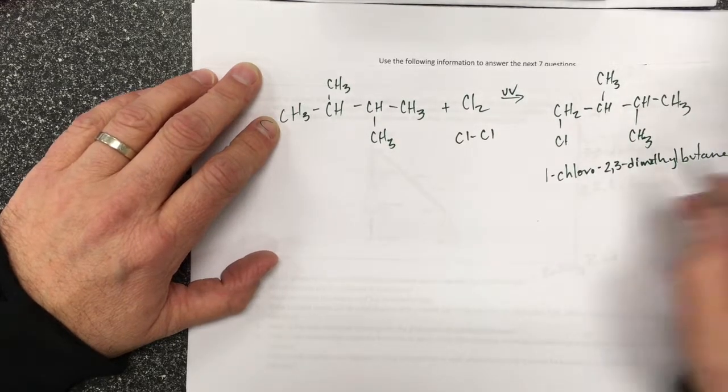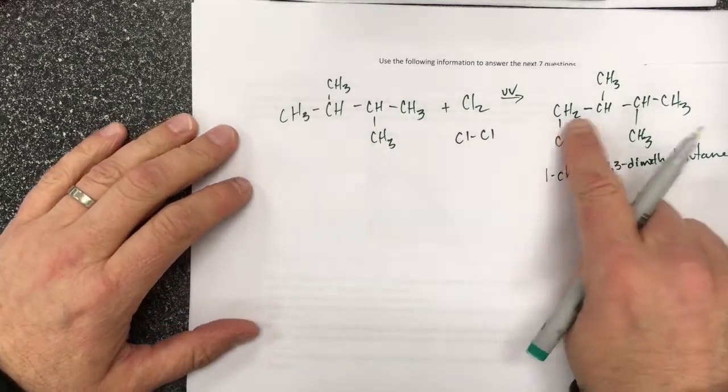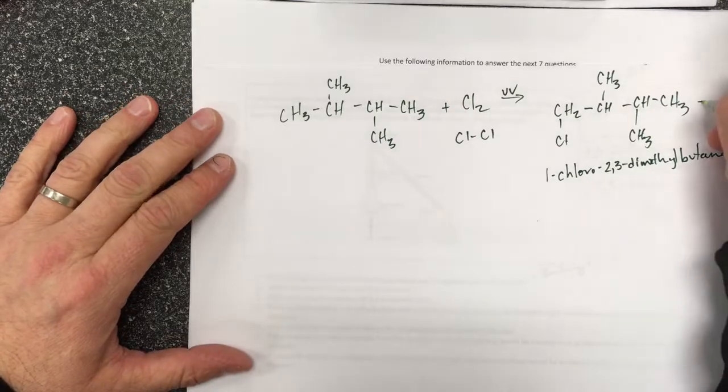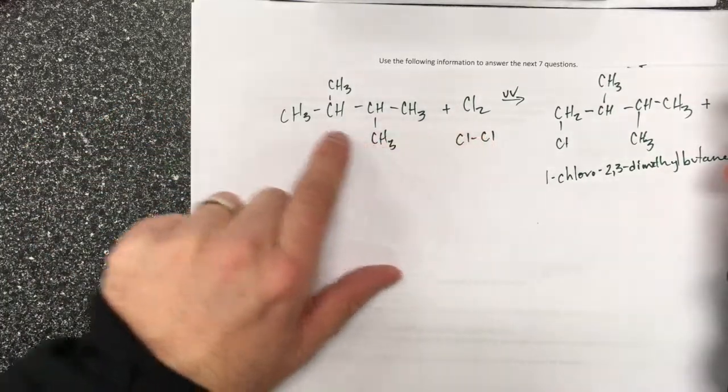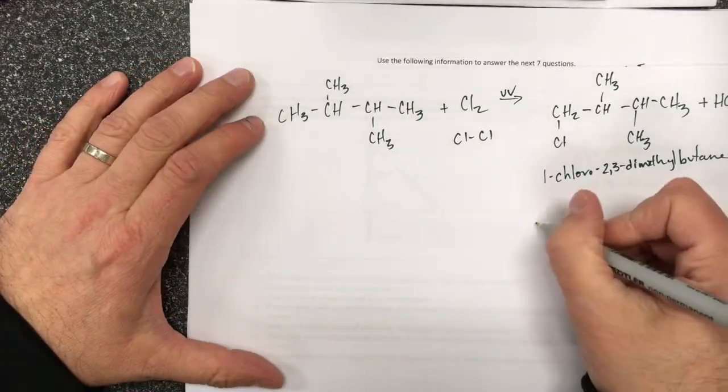And importantly, the question asked for 2 products. Now, it didn't ask for isomers, but those would be reasonable answers. You could have substituted one of the other hydrogens out for a chlorine. But in a substitution, this chlorine is going to bond to the hydrogen that also came off of it. So hydrogen chloride is another possible product.